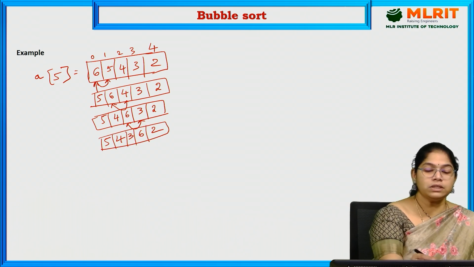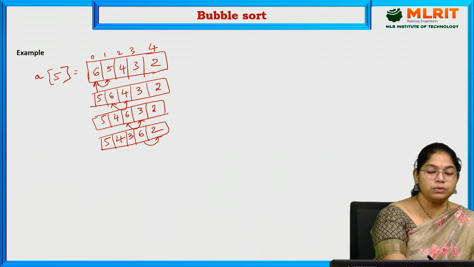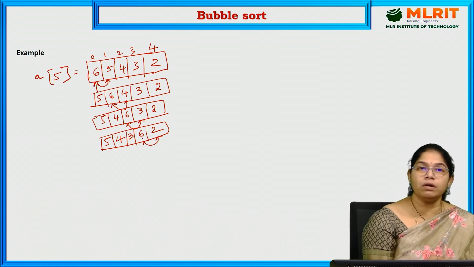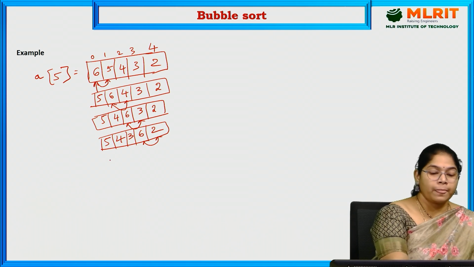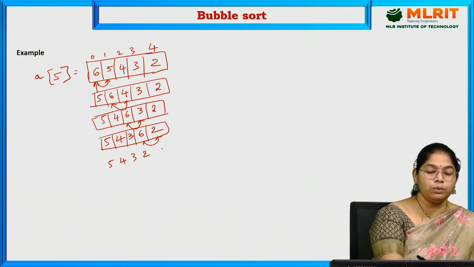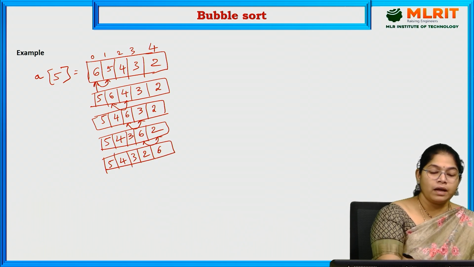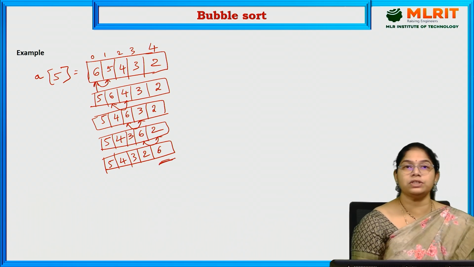Now the next two are 6 and 2. Because they are in the wrong order, we have to swap them, because that is the principle of bubble sort. So we get 5, 4, 3, 2, 6. Now the largest element in the list is at its correct position. 6 has reached the end of the array.